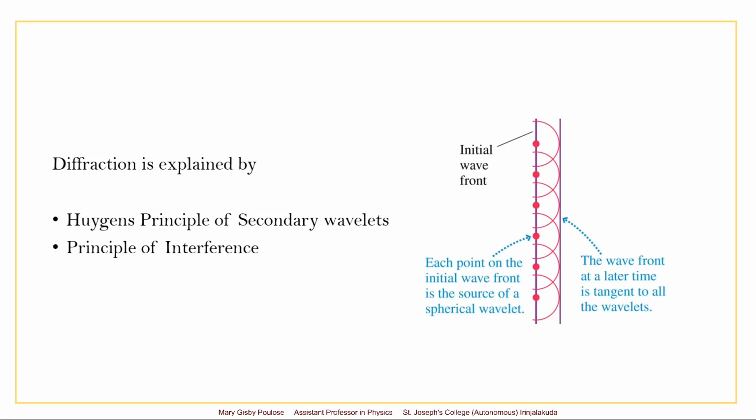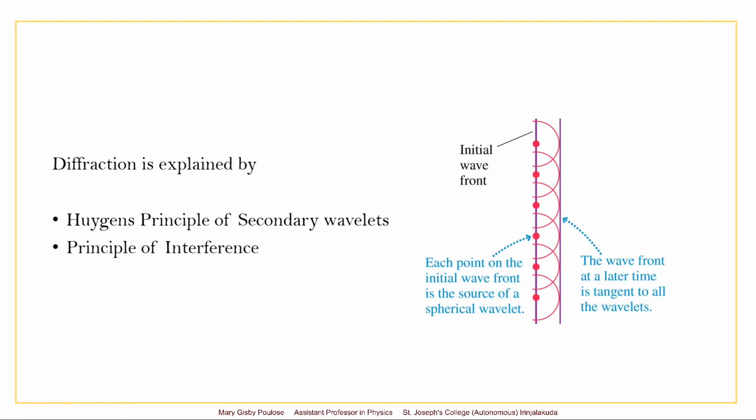Now, in this figure, we can see that according to Huygens principle of secondary wavelets, if this line shows the initial wavefront, each point on the initial wavefront will act as a source of secondary wavelets. So we have spherical secondary wavelets, and after time t, the tangent drawn over all these secondary wavelets will form the next wavefront.